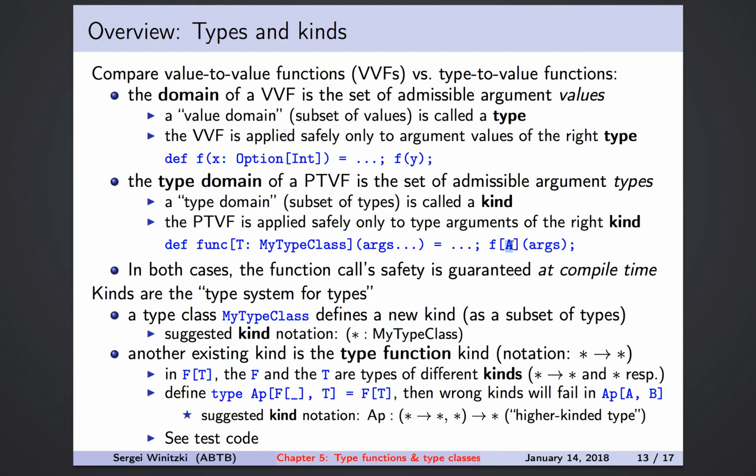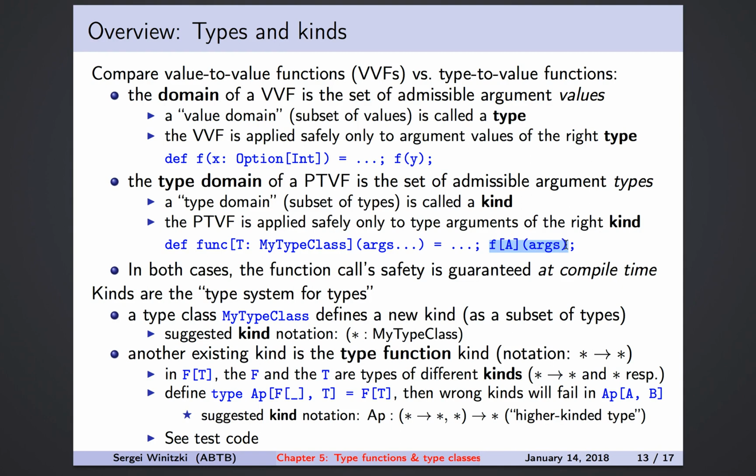In both cases, the error will be caught at compile time. If this is not the right type, if this type does not belong to this type class, writing this code will not compile. In the case of PTVFs, that will happen because the implicit argument will not be found.